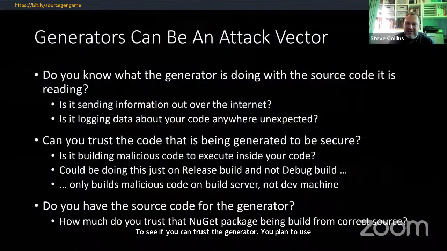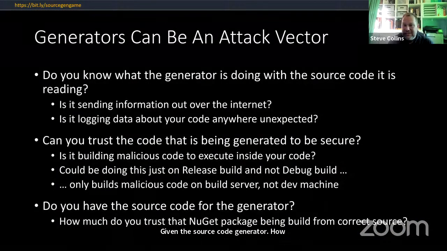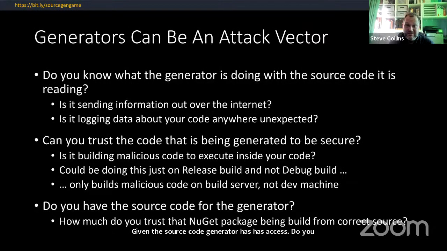Given that a source code generator has access, do you trust it not to log its code analysis results, or rather send it over the internet, immediately hiding it away in some log files for collection later? Second point is more about code that is generated. Do you trust that the code it's going to generate isn't doing something nefarious? Are you reviewing the code that is being generated as part of the pull request before it gets merged into the main CI pipeline?